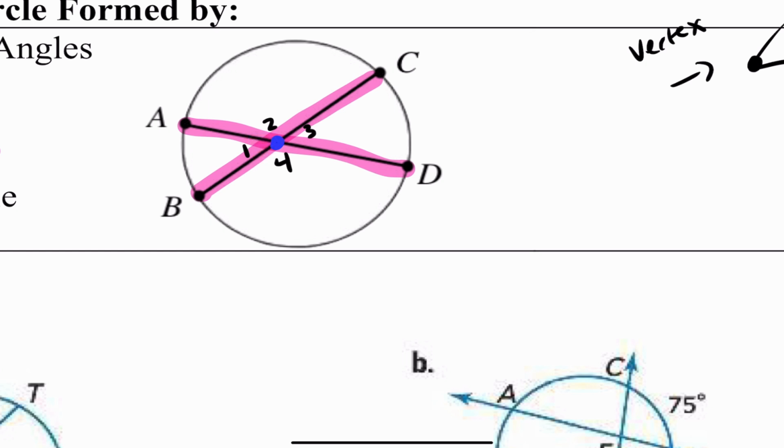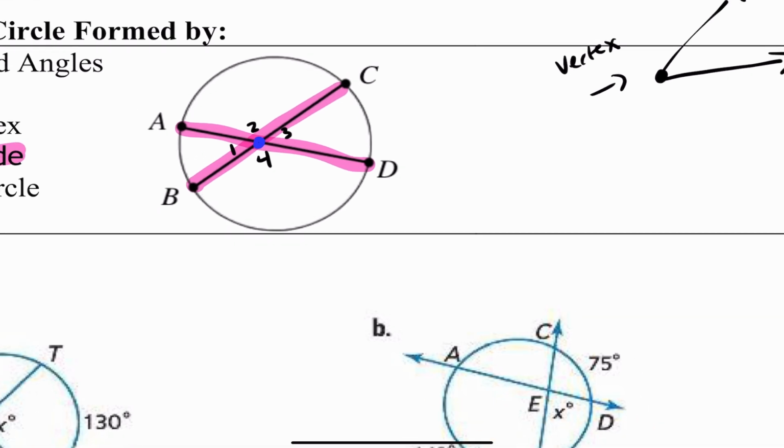Remember, the vertex is inside of the circle, and if I want to find angle 1, since this angle is the left angle, then we look at the adjacent arcs. We look at the left arc and the right arc, and then we use those two things to figure out our answer, okay?